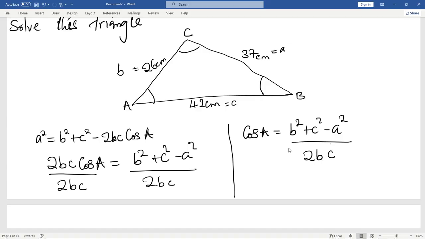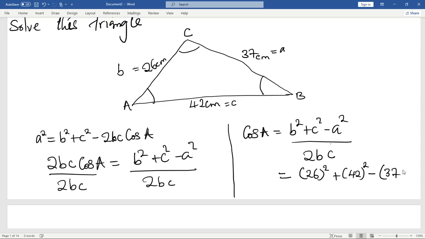2bc, like this here. Let's go ahead and plug in the values of b, c, and a where there's these variables. So for b squared, we have 26 squared plus c squared, we have 42 squared minus, for a squared, the opposite side is 37 squared.